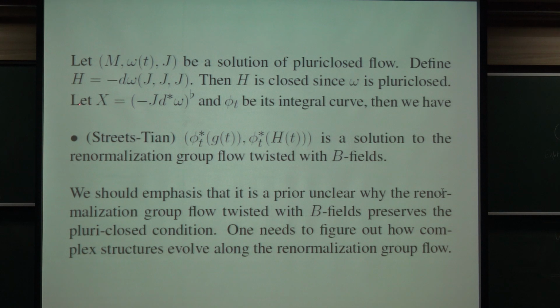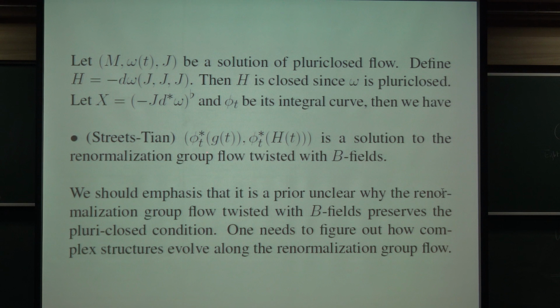Okay, so then we define this vector field, and let phi t be its integral curve. Then we proved this is a solution of a renormalization group flow twisted with B fields. It's actually some flow physicists already studied.